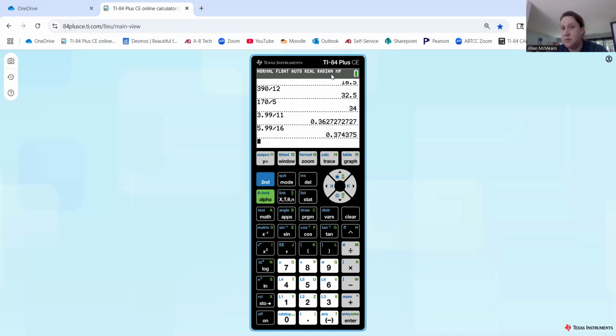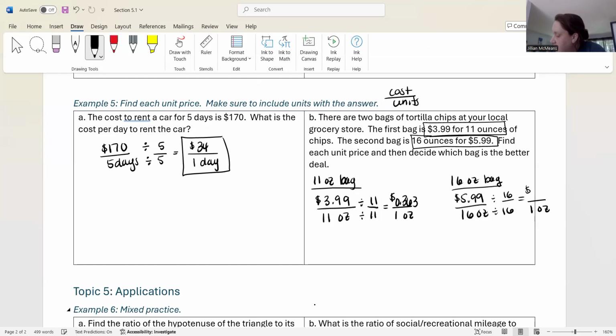Really we could have gone 2 decimal places here and we could have seen a difference. So this one is $0.374. This one is approximately 36 cents per ounce. This one is approximately 37 cents per ounce.